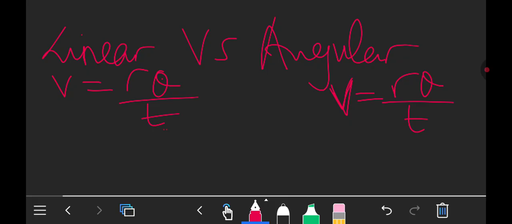Let's manipulate something here. So we are saying velocity is equal to radius multiplied by theta, then over time, okay? But we know that this is linear velocity. We're trying to relate it with angular velocity.